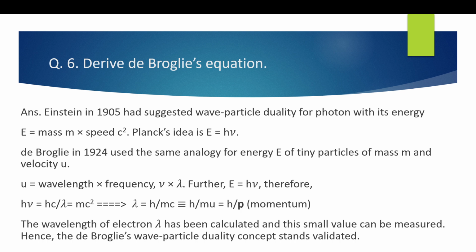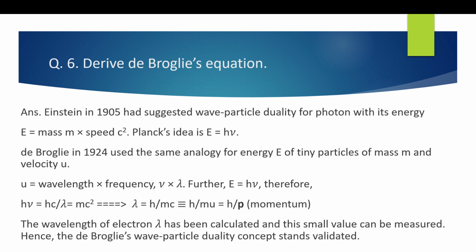It means mc square equal to h nu, and nu frequency can be replaced by c by lambda. So h nu equal to hc by lambda equal to mc square. It means lambda equal to h upon mc. c is velocity of photon or particle. We can use the symbol u. Therefore, lambda equal to h upon mu or h upon p, momentum.